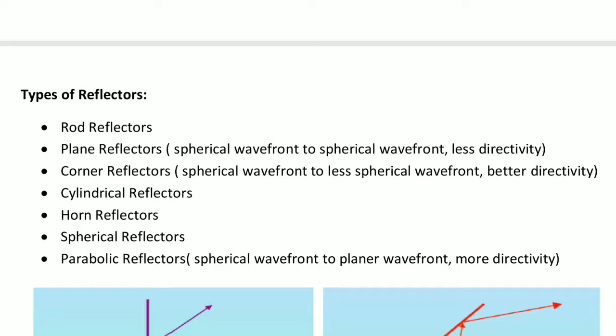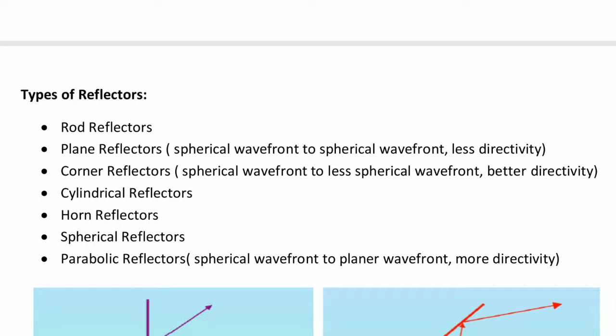But what will happen? The waves coming from the feed antenna, going towards the reflector, have a spherical wavefront. And when these waves get reflected from the reflector, they also have a spherical wavefront.